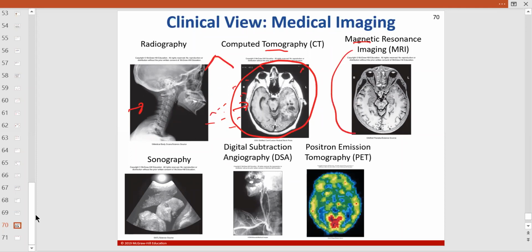MRI is much better because it's magnetic, changes those protons. This is a proton, like that acid thing, because remember, it's very polar. This is an ultrasound or sonography, very cool, doesn't damage the DNA, non-ionizing. It's a real safe way to see little Finizio there as he's being born, or she.